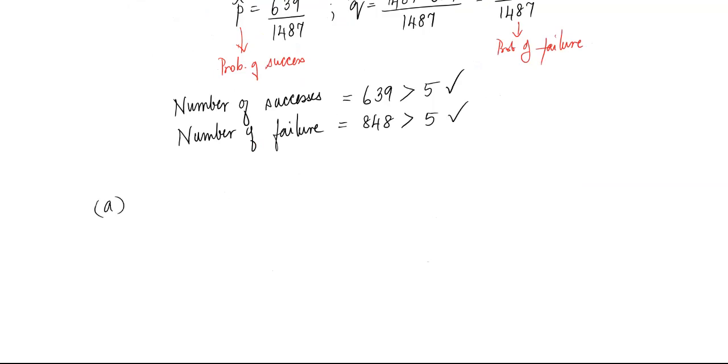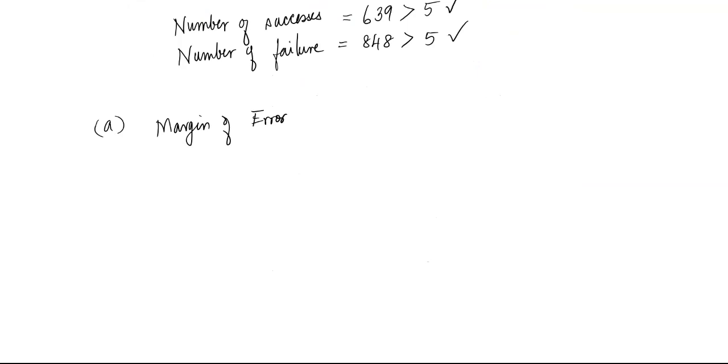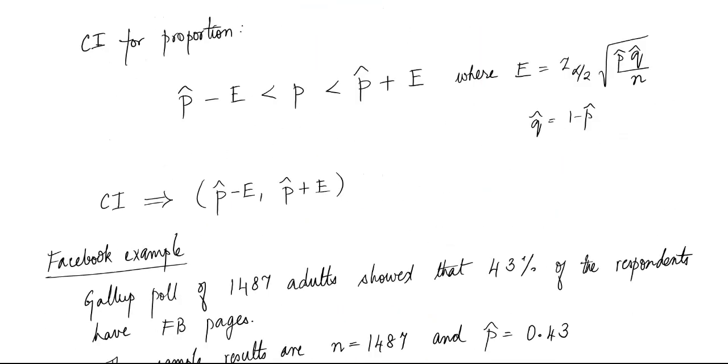Question A says find the margin of error. Now you have the formula: E equals Z alpha over 2 times the square root of p hat q hat over n. Let's collect all these details. Let's quickly go back to the problem.